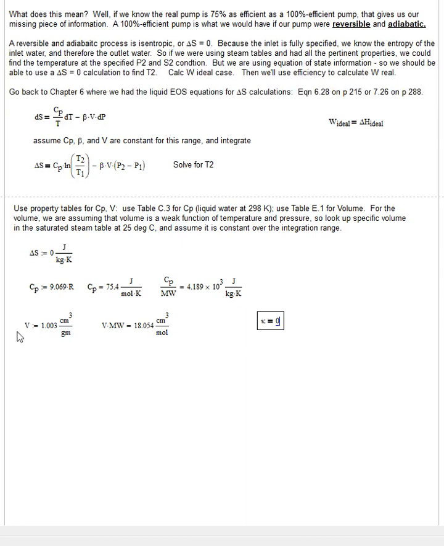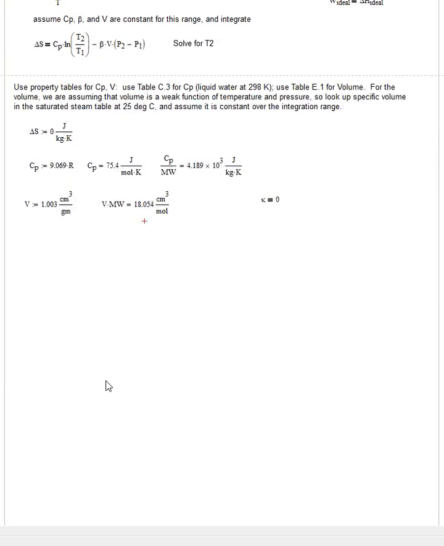So that means that the molar volume or specific volume of water is not a function of pressure, and so we can just go to temperature at 298 K or 25 degrees C. We can look up that value of the volume and use that in our calculations. So that's what we do.